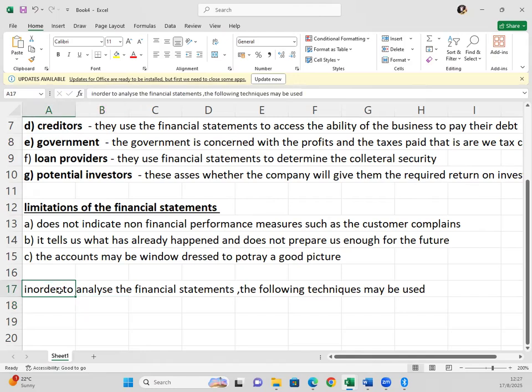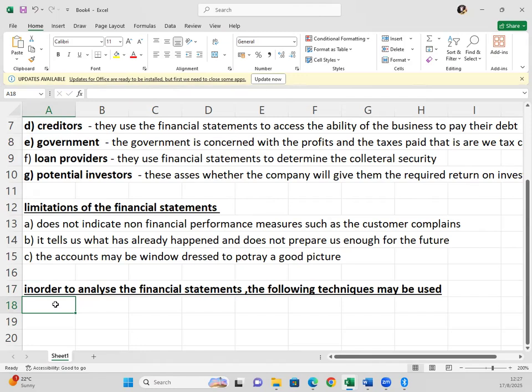You want to tell whether the company is doing good or bad. The first technique we can use is vertical analysis. We can also make use of ratio analysis.